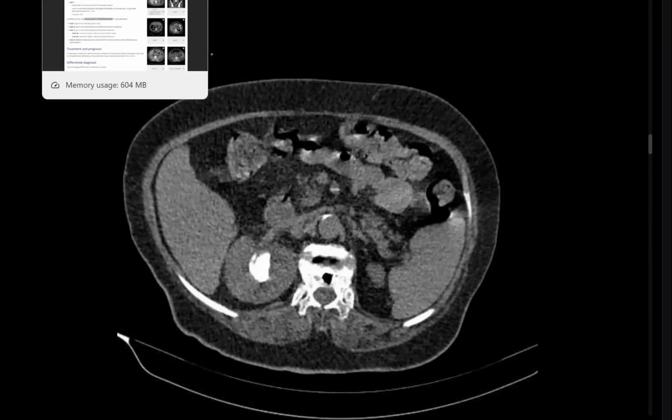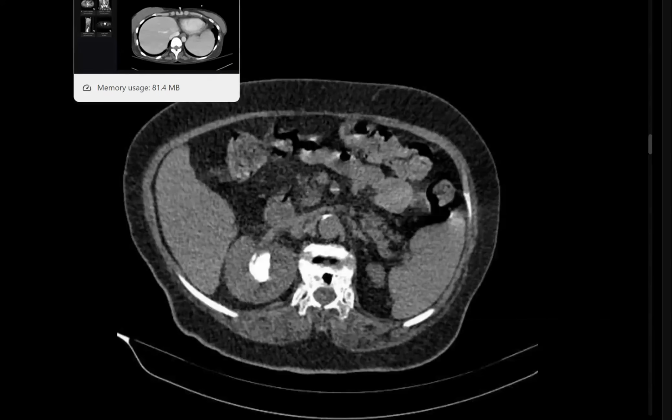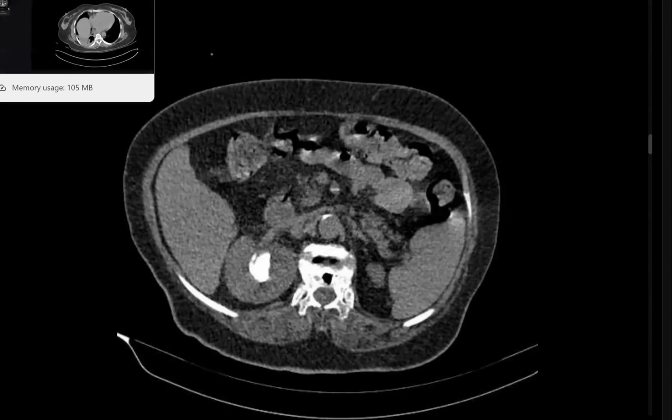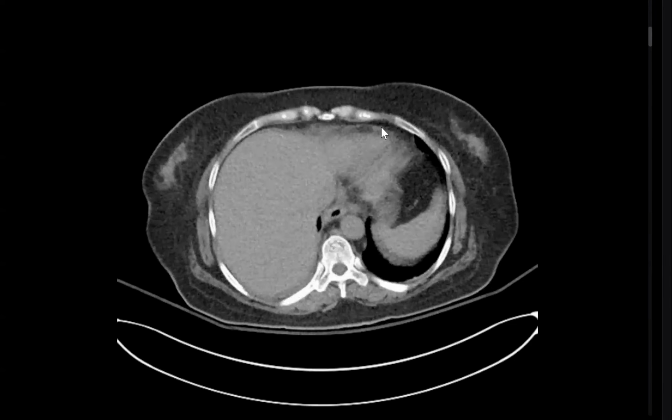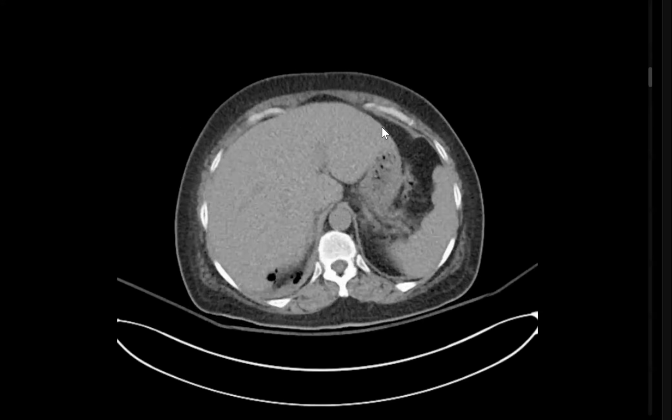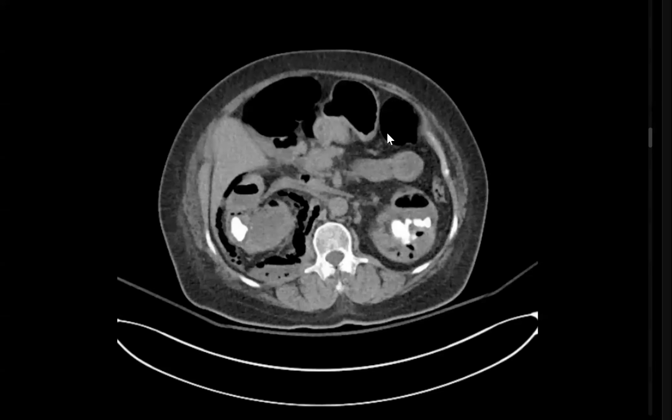Okay, I'll give you another case, my friend, also in the same category. And you tell me if you know the CT staging of this case. I've been provided with a non-contrast study of the abdomen.